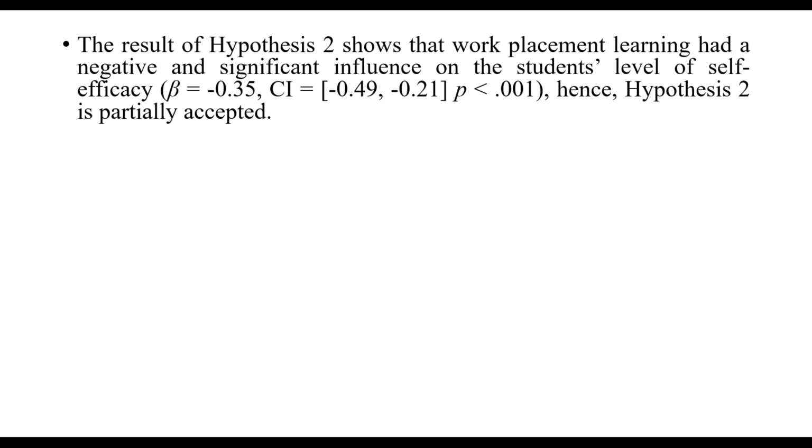The result of hypothesis 2 shows that work placement learning had a negative and significant influence on the students' level of self-efficacy, and so this is the result as already shown in the analysis. Hence, hypothesis 2 is partially accepted. So in this case, it's not fully accepted because even though it's statistically significant, it's negative, but we expected that it would have given us a positive influence, that engaging in work placement learning can increase students' level of self-efficacy.